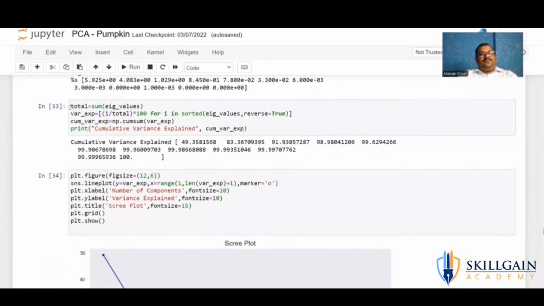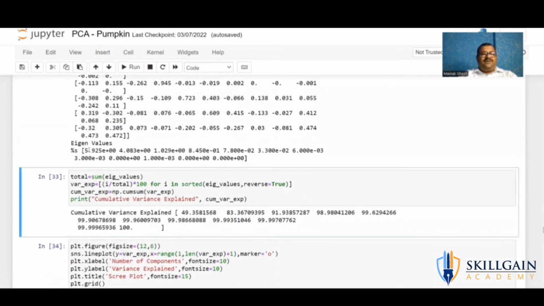So now we take the total of the eigenvalues as the sum and we see the first eigenvalue as a percentage of the total sum of eigenvalues. That means this first component can capture this percentage of the total variation.